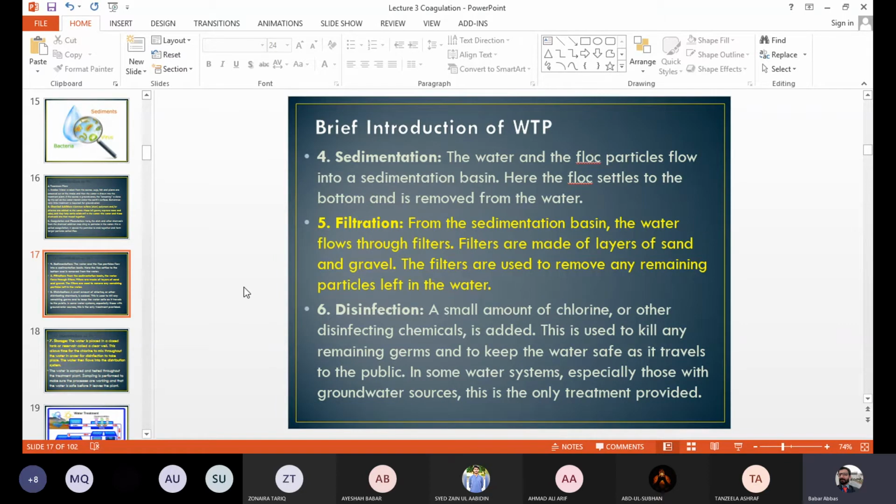From the sedimentation basin, the water flows through filters, and the filters may be layers of sand and gravel. The filters are used to remove any remaining particles left in the water.